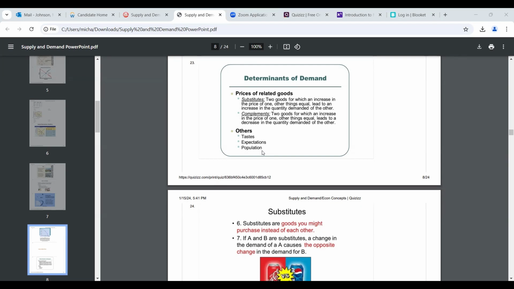Expectations, maybe people expect the product to go up in price. Sorry, so I'll rephrase. So maybe people expect a certain product or service to go up in price a year from now. So they buy a lot now in anticipation of the price increase.